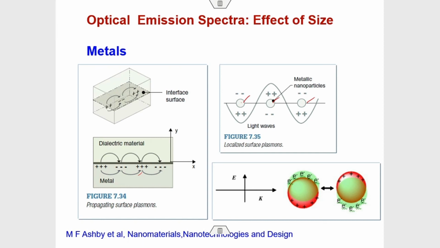So, with this I will conclude my discussions on the optical properties of materials. And so, we have finished about 27 lectures. As I said, I am going to wind up this course with 30, maximum 32 lectures or so, and this course is on both the properties and the characterization of nanomaterials.